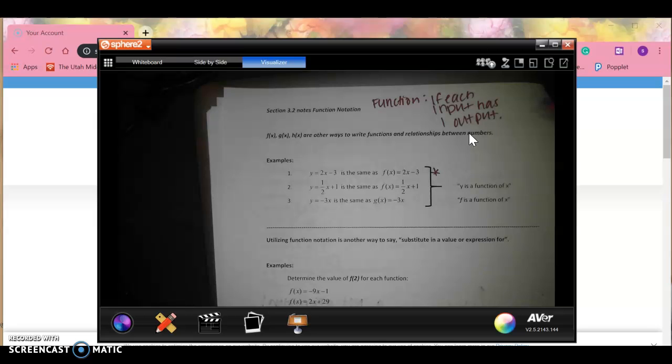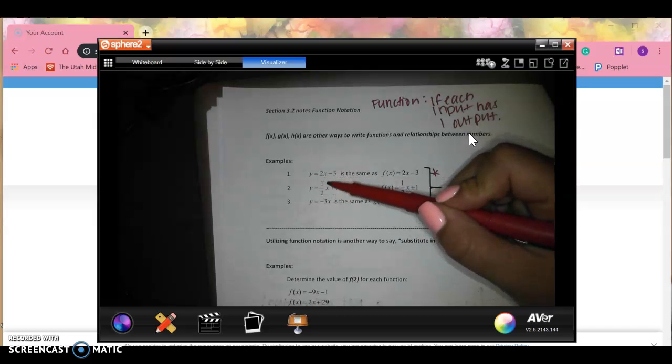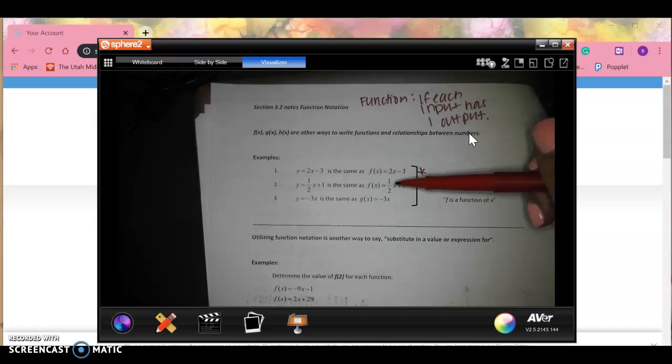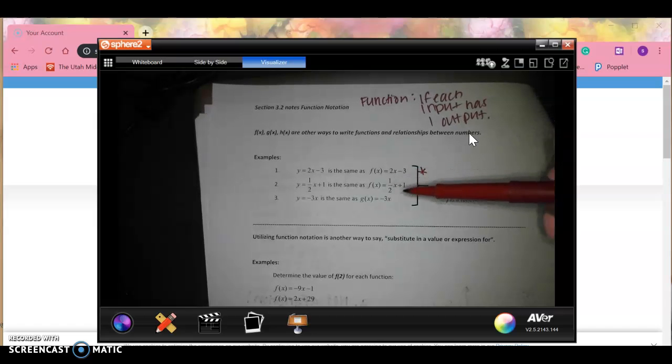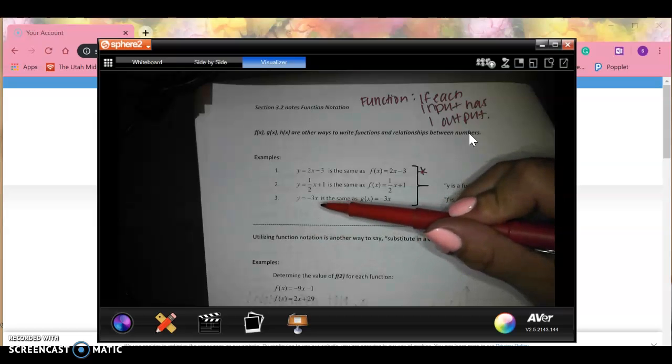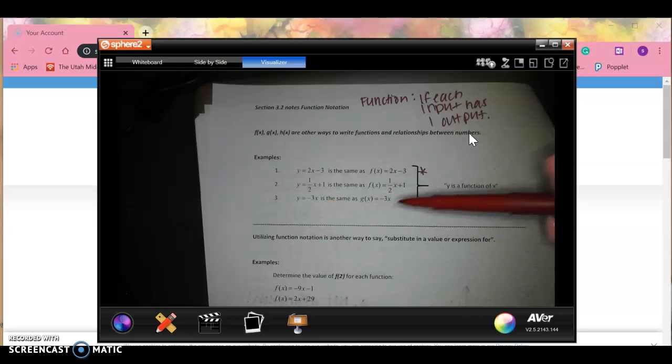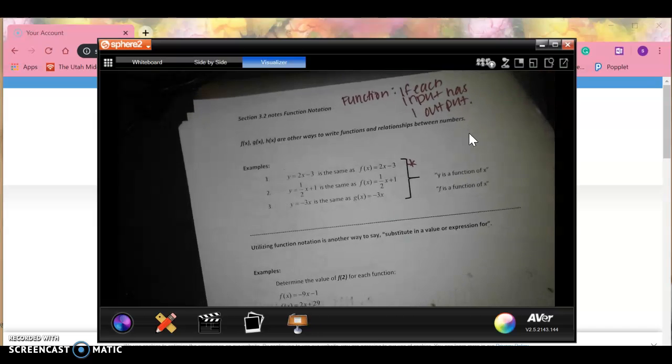That's slope-intercept form. That is the same as f of x is equal to 2x minus 3. Here, y is equal to 1/2 x plus 1. It's the same thing as f of x is equal to 1/2 x plus 1. When y is equal to negative 3x, that's the same thing as g of x is equal to negative 3x.